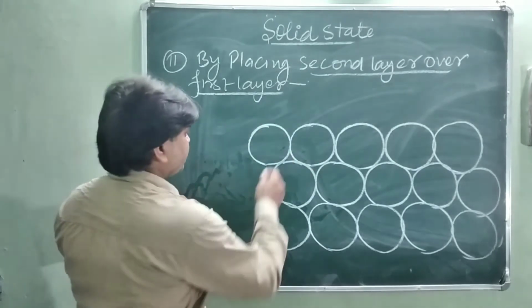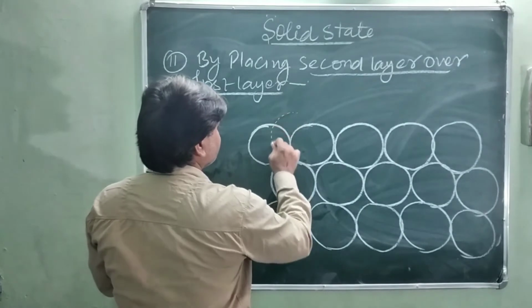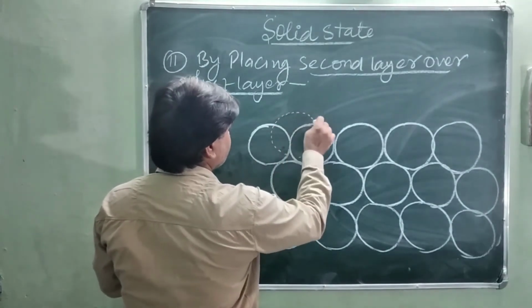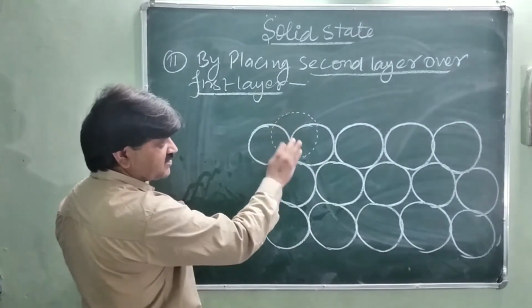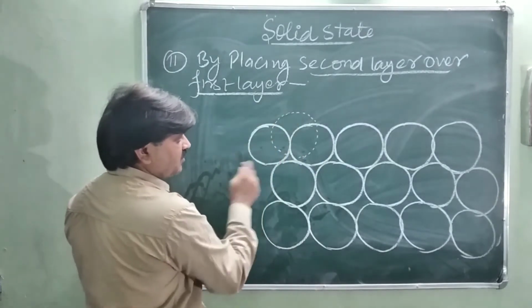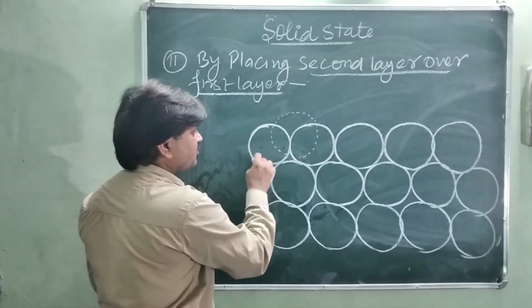How do you place this? In this way. This dotted line I am showing here to show the placement of the second layer over the first layer, which is below, which is the dark circle. So this is the first layer.